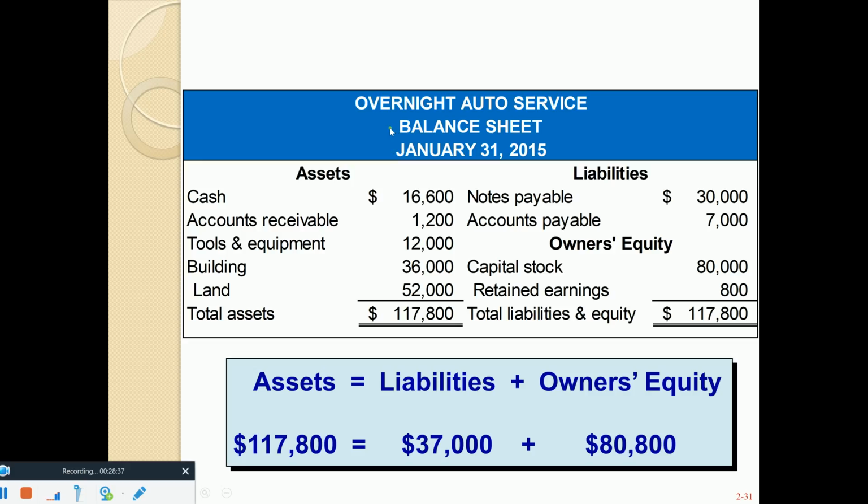Once again, the balance sheet is not for a period of time. It doesn't have a begin date and an end date. It's simply a snapshot. It's the photograph financial statement as of January 31. And we can see the listing of our running balances. Our asset accounts are here. And then on the one side, assets total $117,800 equals the liabilities and the equity combined. And you can see that's $117,800 as well. All right, balance sheet balances.